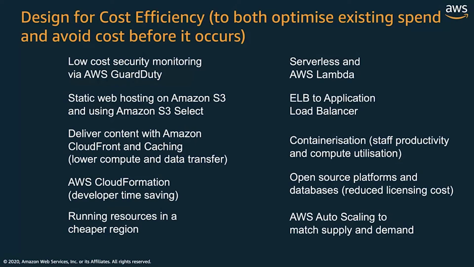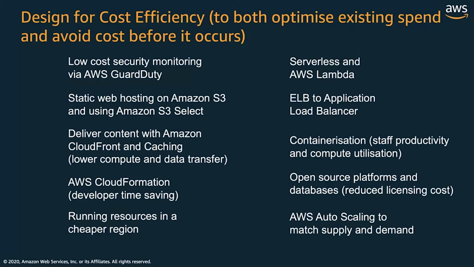In addition to it being cost-effective, you get all of the durability benefits of S3, that 11 9's resilience I mentioned earlier. If you're delivering content to your end users, think about using a content distribution network. That will push content closer to your customers, so it can lower the compute at your origin server, and it can lower the amount of data transfer you're doing.